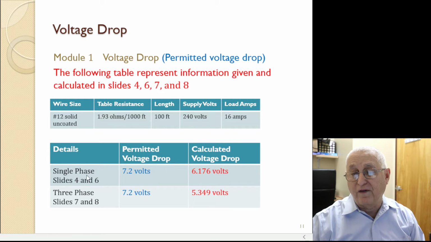For the single phase, slides 4 and 6, our permitted voltage drop was 7.2 volts. We only dropped 6.176 volts, so we're well within the permitted limits. On 3-phase, 7.2 volts is permitted, and we were at 5.34. Again, we're under the permitted voltage drop.